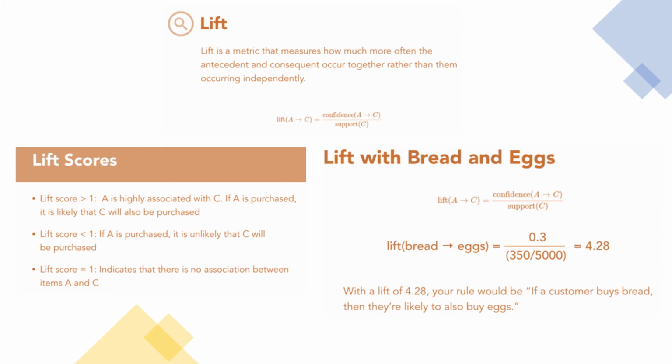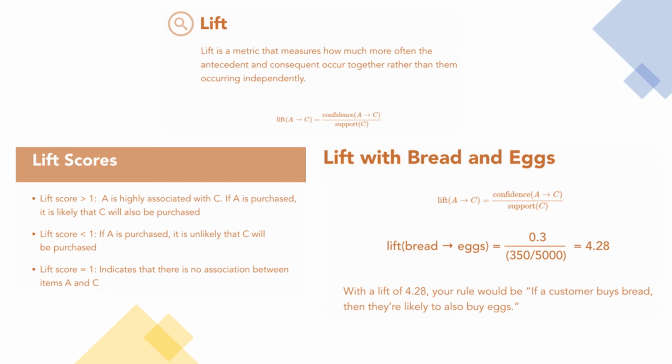If you get a lift score of less than 1, then you can conclude that if A is purchased, it's unlikely that C will be purchased. If you get a lift score equal to 1, this indicates that there is no association between item A and C.